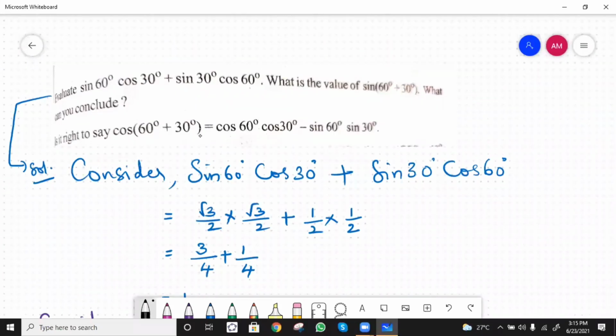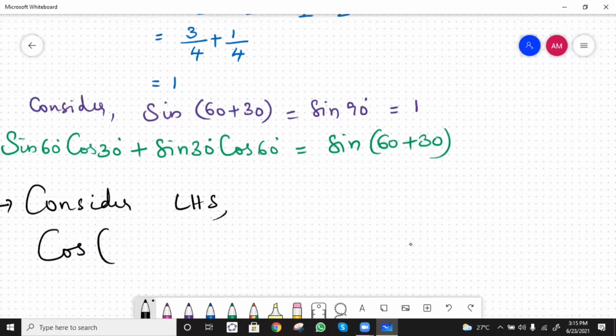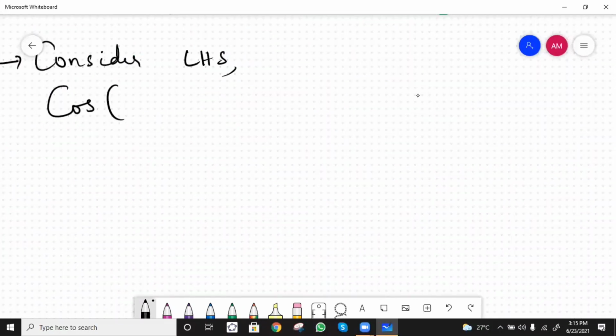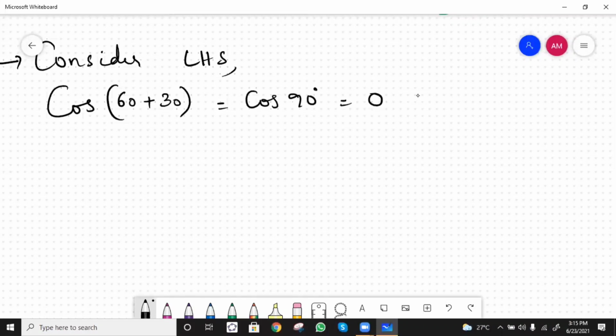Consider cos 60 plus 30. What is 60 plus 30? Cos 90. What is cos 90? 0. So we got left-hand side equal to 0. We keep that aside.